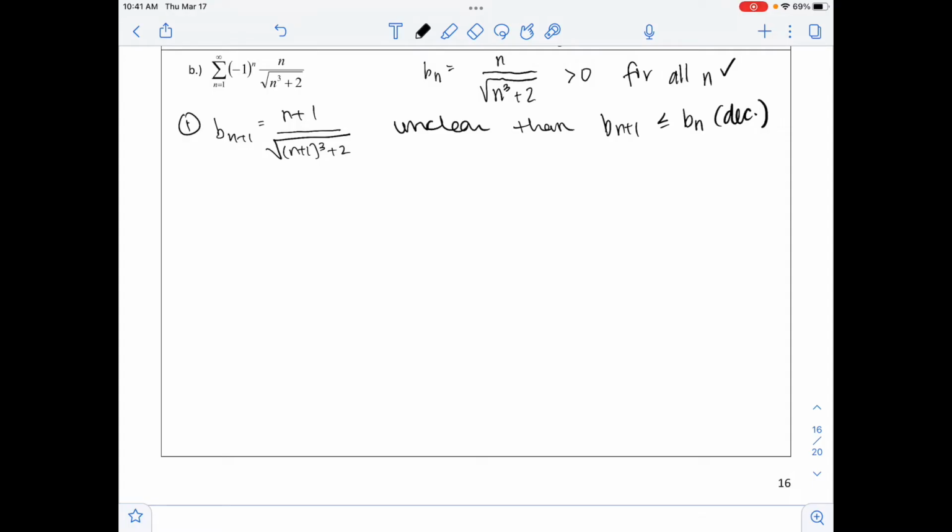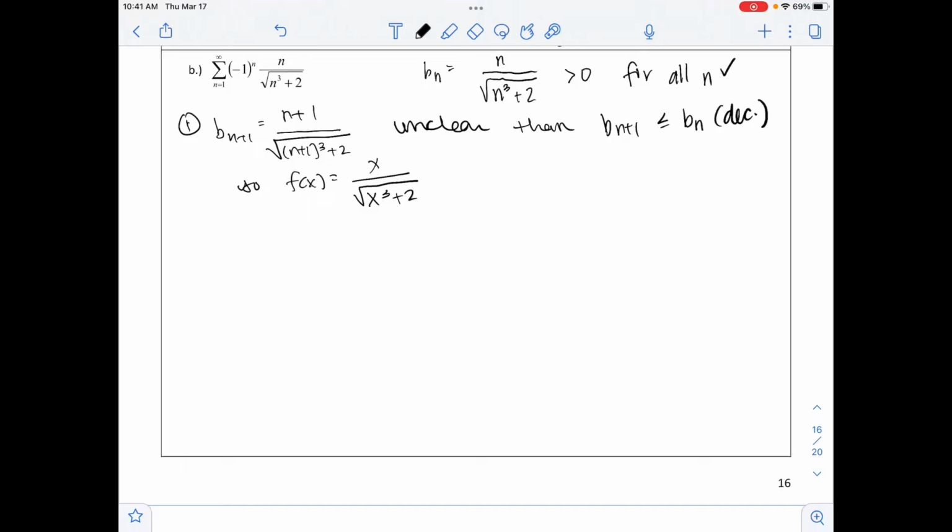And so we'll go ahead and say, so f of x equals our b sub n, but we're going to write that with x's, and we have x over the square root of x cubed plus 2.